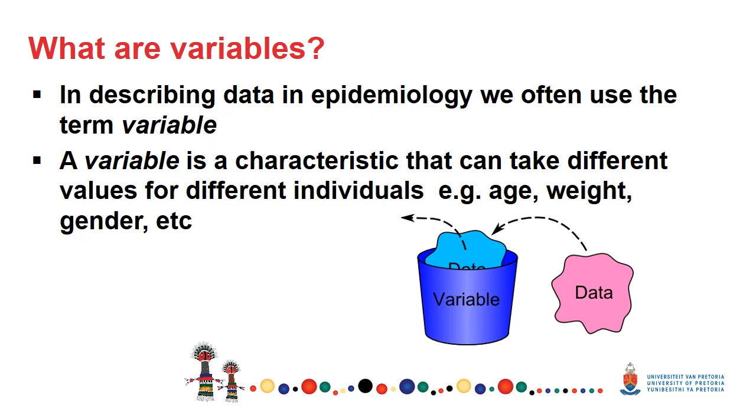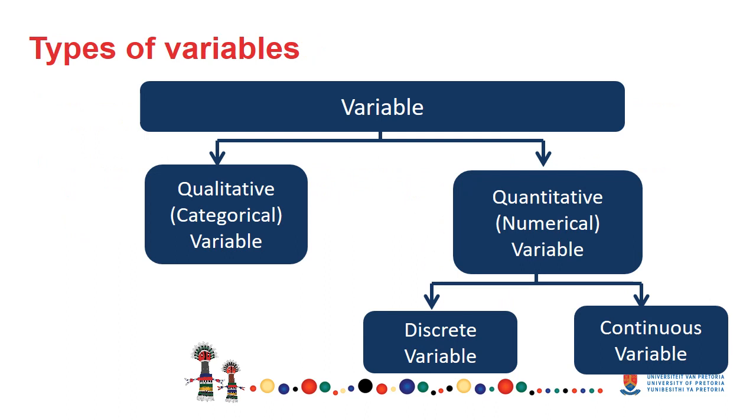See the picture in the slide to understand the relationship between data and variable. From the picture in this slide, we remind you that variables can either be qualitative or quantitative, which can further be divided into discrete or continuous. The same classification for data applies to variables as well.